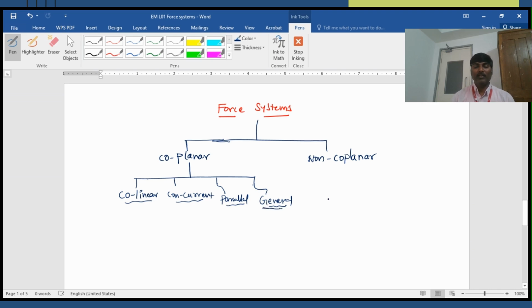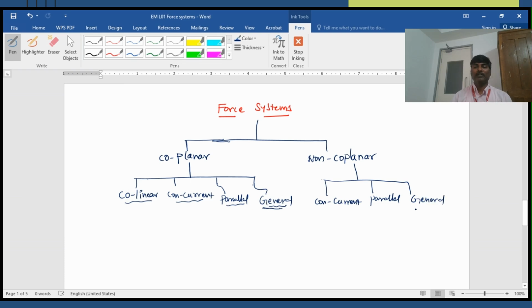Again, the non-coplanar force system is also divided into three categories. One is concurrent force system, and parallel force system, and general force system.